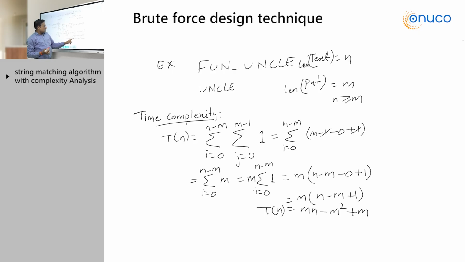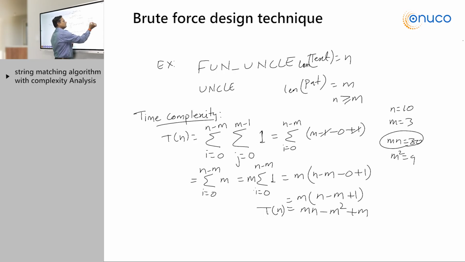In that case, say as for example, the text has 10 characters and the length of the pattern is 3. So mn is 30, while m square is 9.